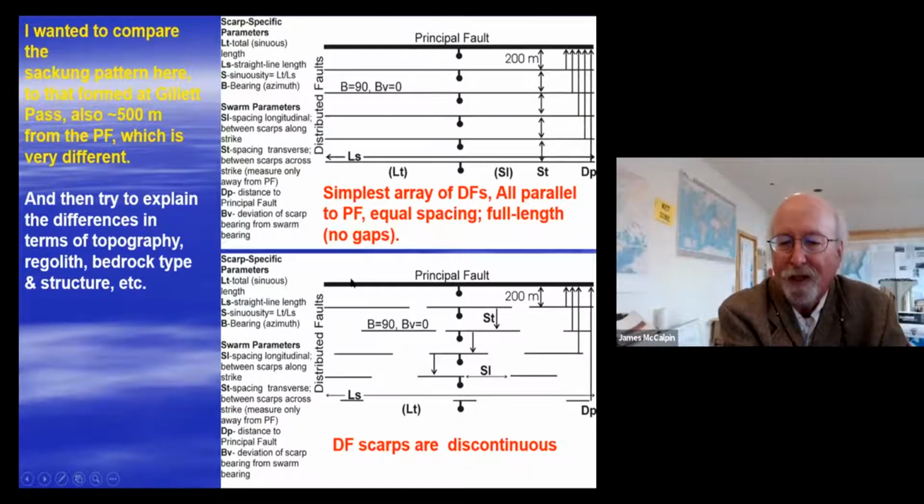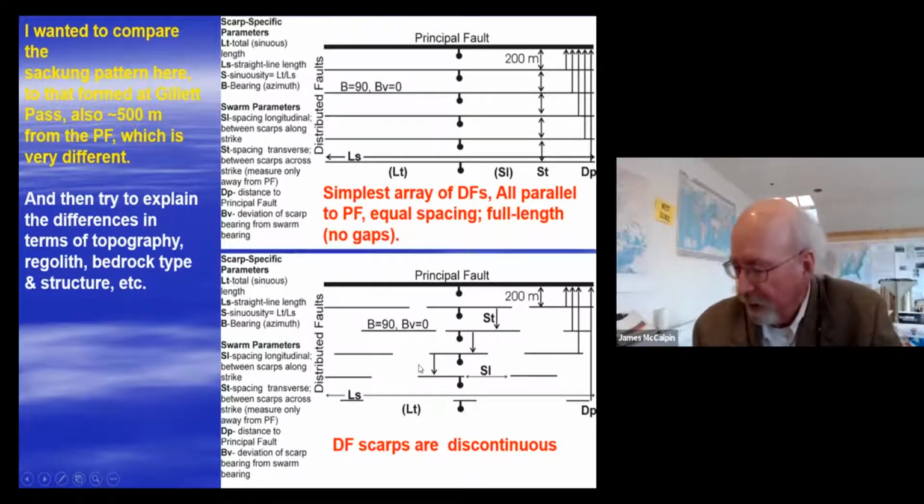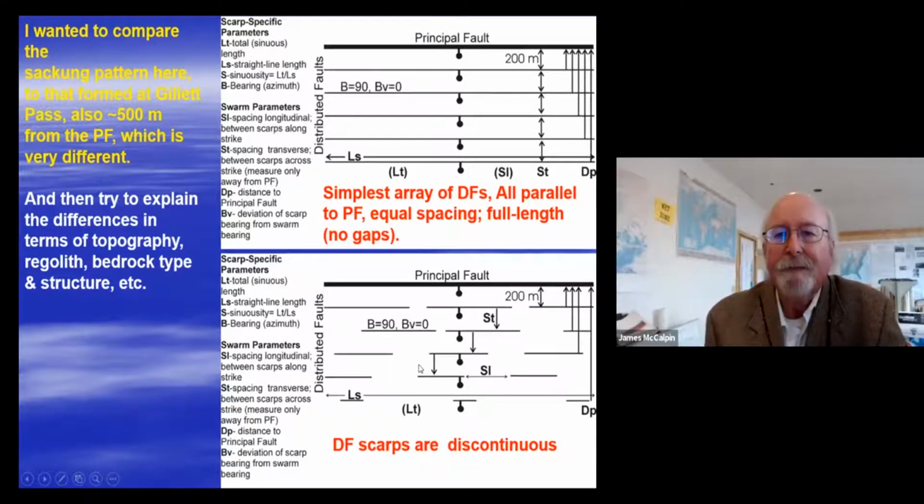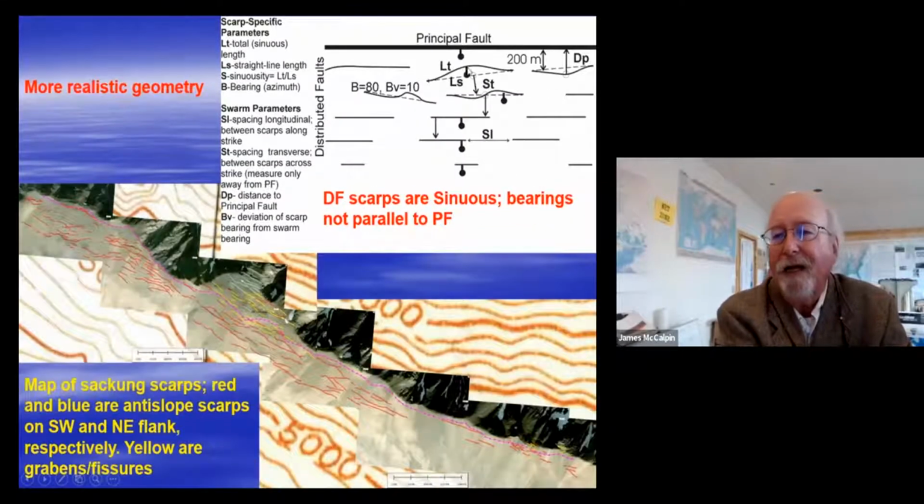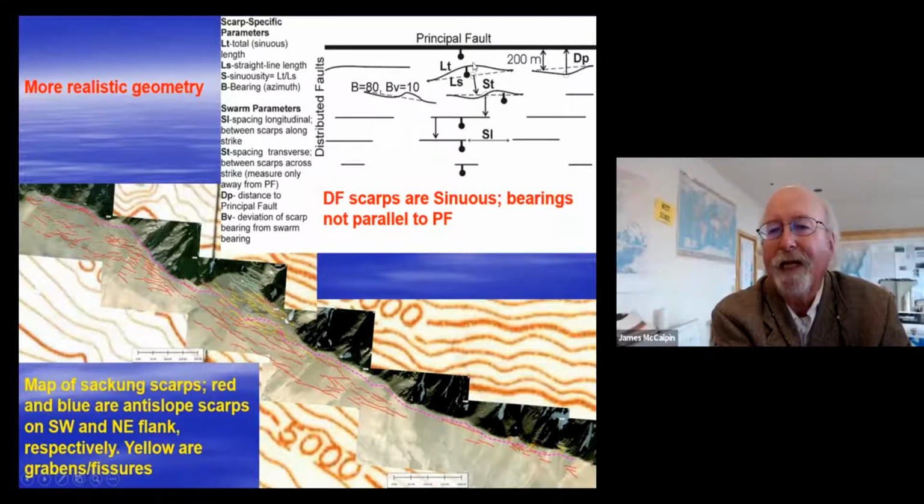So this is a little more representative or realistic representation of an array. In a true array of distributed faulting, the faults don't have the same bearing as the overall array or the principal fault.